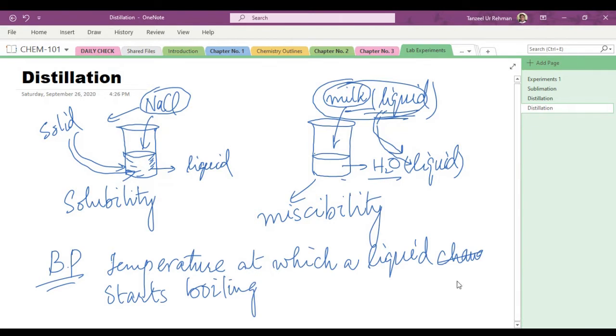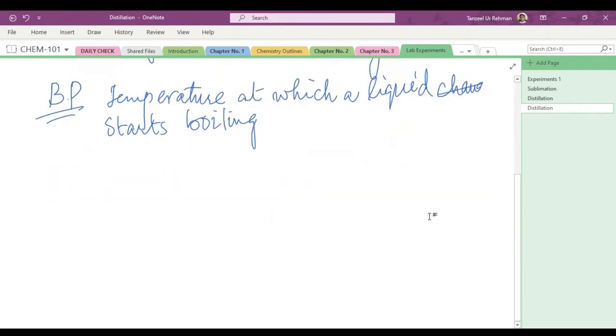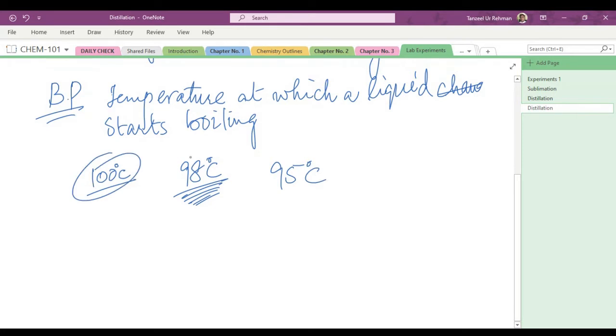Now if I ask you a question, what is the boiling point of water? It is 100 degrees Celsius, 100 degrees centigrade. Okay, can we boil water at 98 degrees Celsius? Yes, we can. Water can be boiled at 98 degrees centigrade, or it can be boiled at 95 degrees centigrade. So boiling point of water can be 100 degrees centigrade, can be 98 degrees centigrade, can be 95 degrees centigrade.